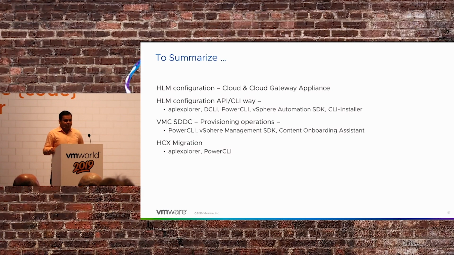In the provisioning operations, we looked at relocate and clone APIs, and then used PowerCLI and management SDKs to do the operations. And then with the content onboarding assistant, we have seen how to transfer your files from on-premise to the cloud data center. And in HCX migration, we have seen through API Explorer and PowerCLI how you can do bulk migration, vMotion, or operating system assisted migration, so on and so forth.